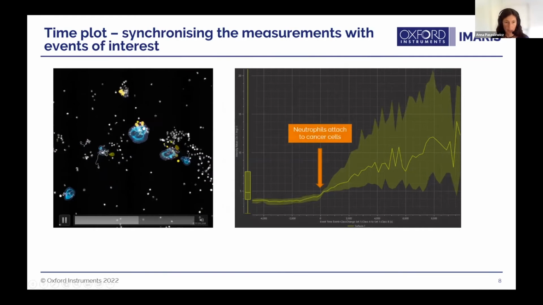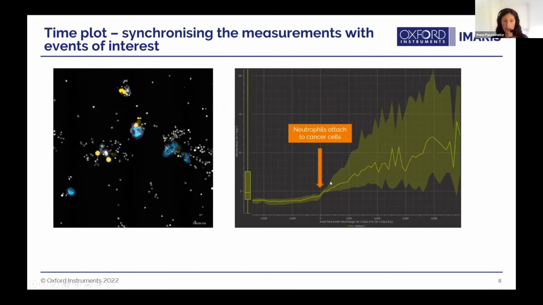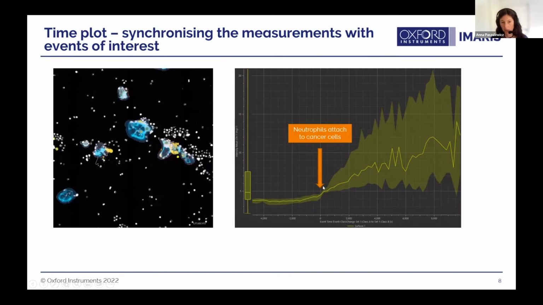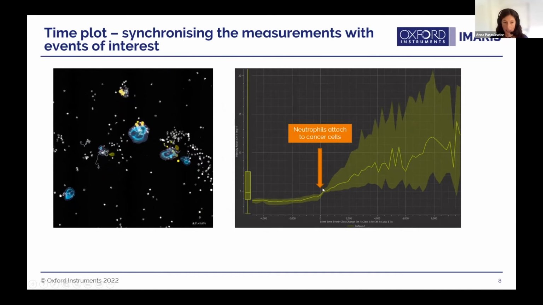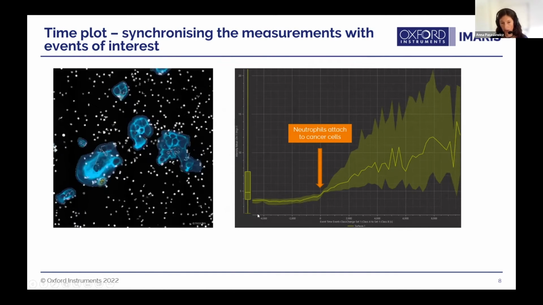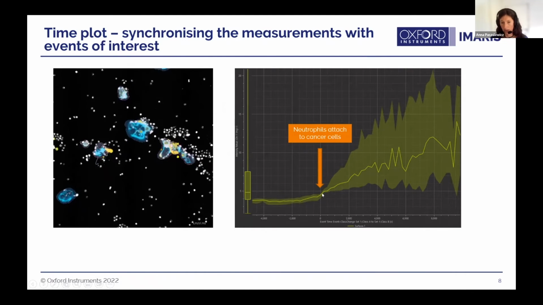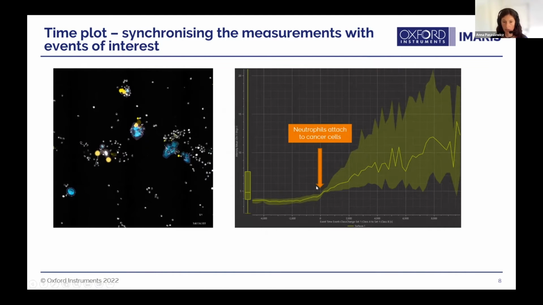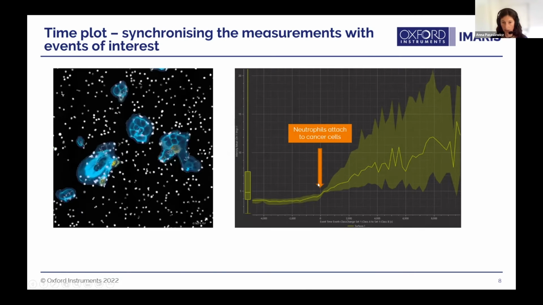So in this example, I synchronized all the measurements to the event which is attaching neutrophils to the cancer cell. In this plot, on the time axis, you can see that the 0 time point means the moment when neutrophils attach to the cancer cells.